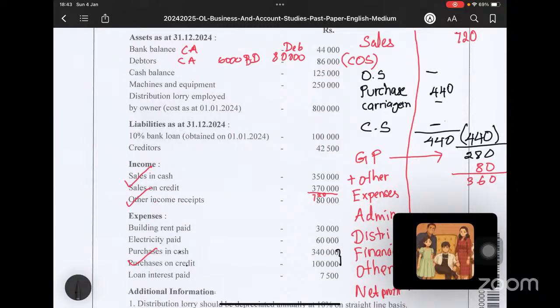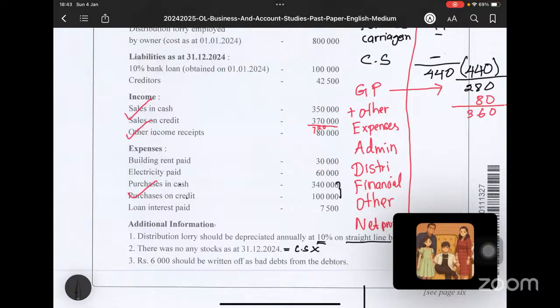And now we're going to move on to the expenses. Before doing any question, we have to do the adjustments first. Here the first adjustment is to do the depreciation. Here they are saying the distribution lorry should be depreciated annually at 10% on a straight line basis.